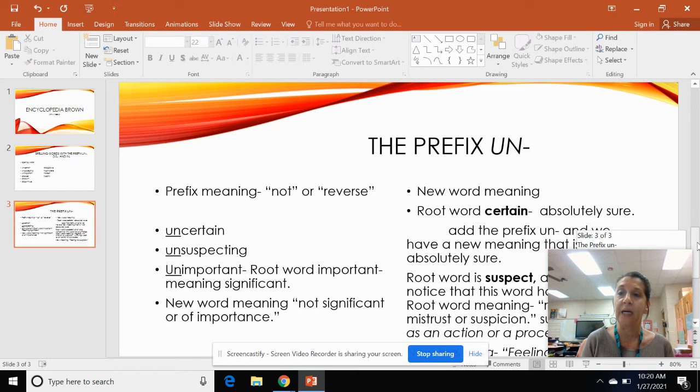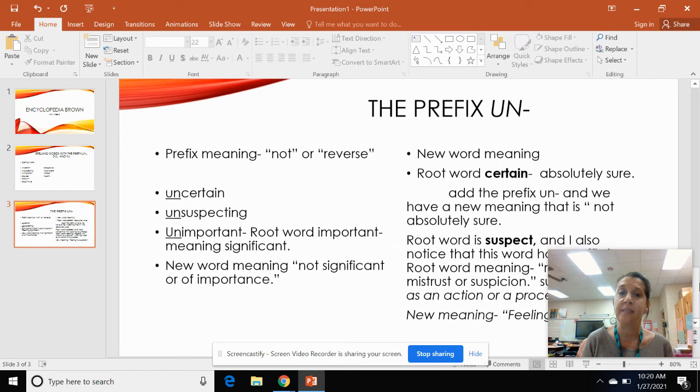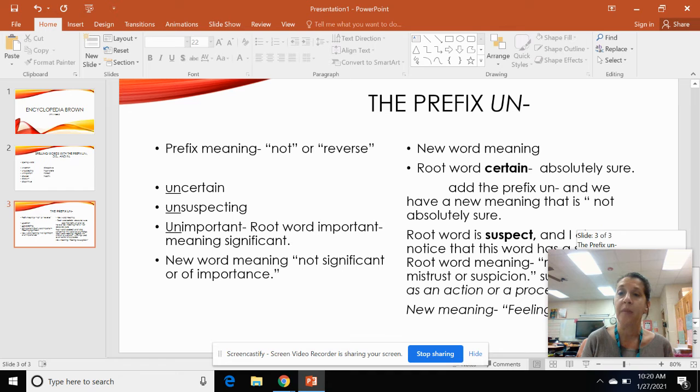Let's take a look at our next word, unsuspecting. Now, guess what? This word has several parts, several Lego pieces or blocks that we could separate.